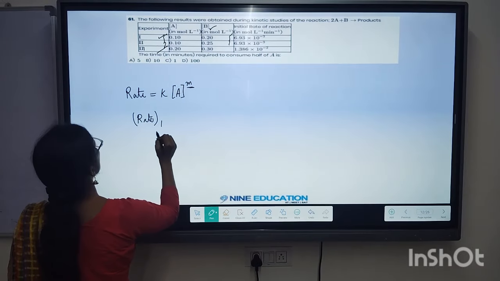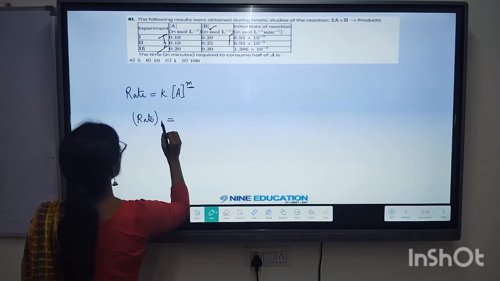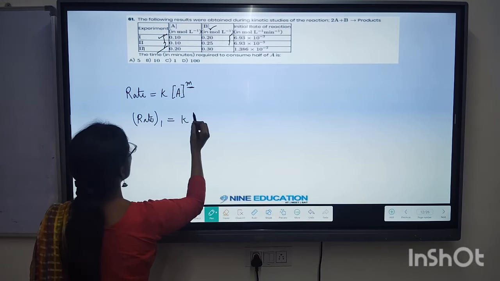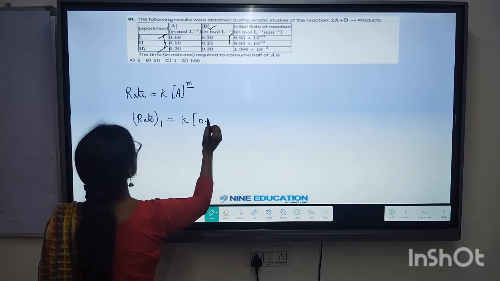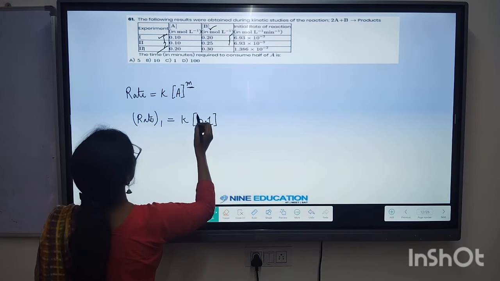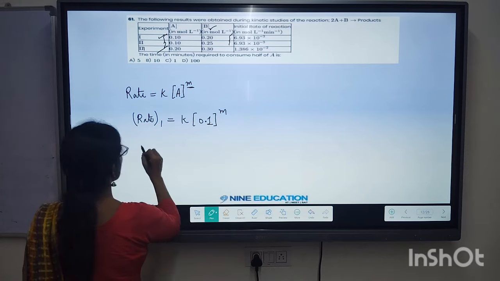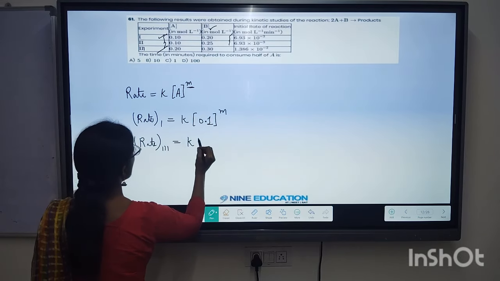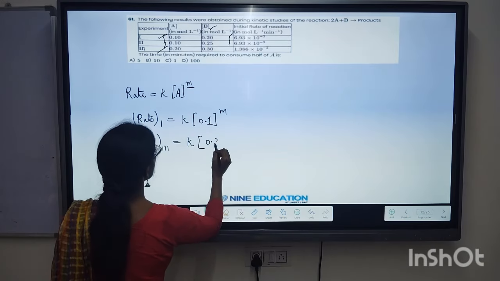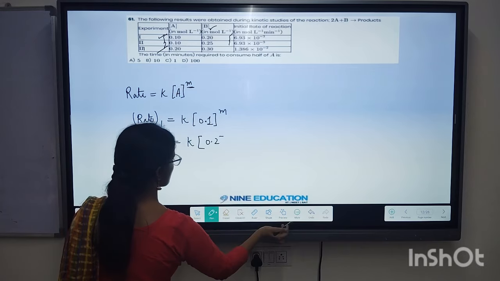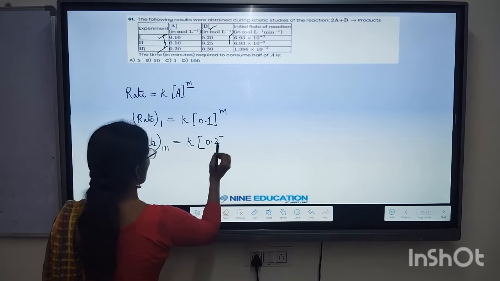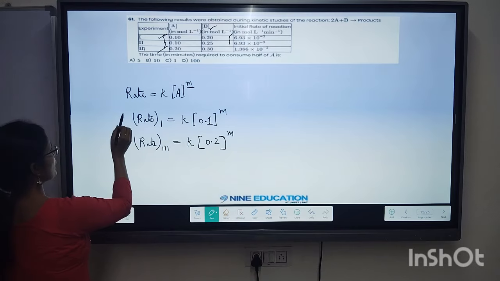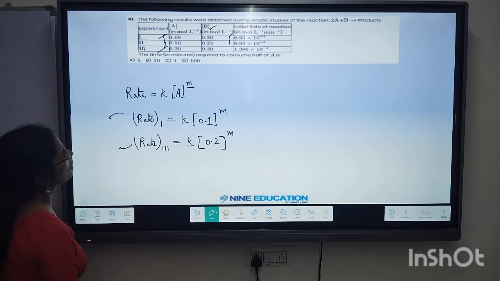Rate of the first experiment is equal to K into the initial concentration 0.1 raised to power m. Next, the rate of the third experiment is equal to K into 0.2 raised to power m.